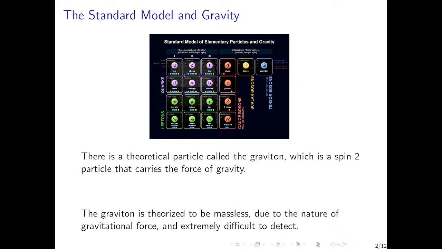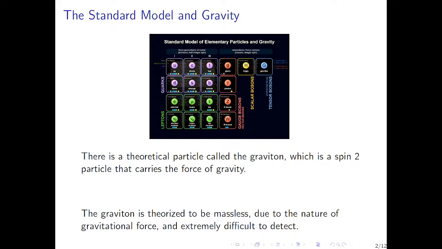Now, bosons are integer spin particles, and it just so happens that the particles that carry forces throughout our universe are bosons. But the only force missing from the standard model is gravity. Gravity, we have not been able to find a particle that actually associates gravity with this standard model right here.